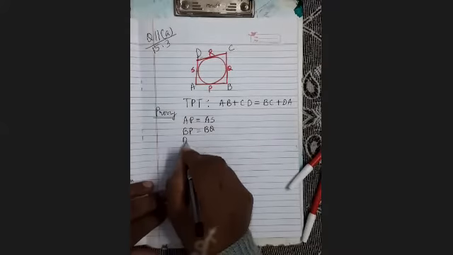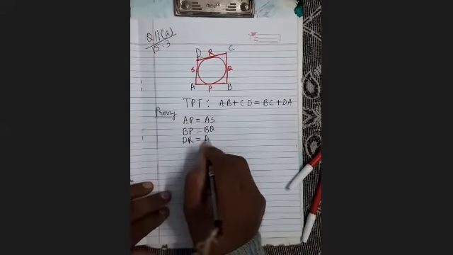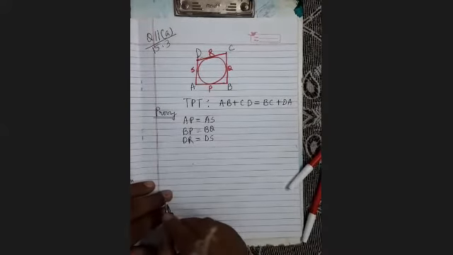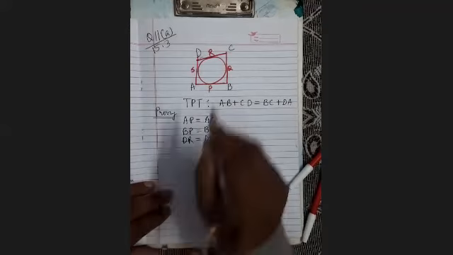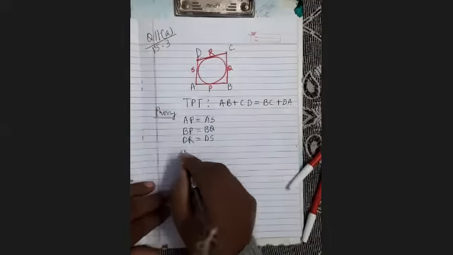Why DR equals DS? Tangents drawn from an external point to the same circle. And CR equals CQ.